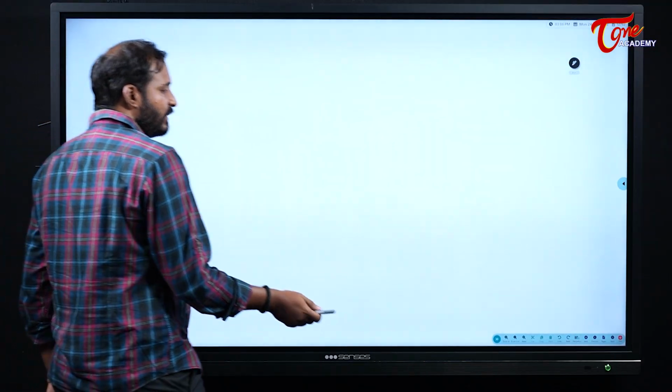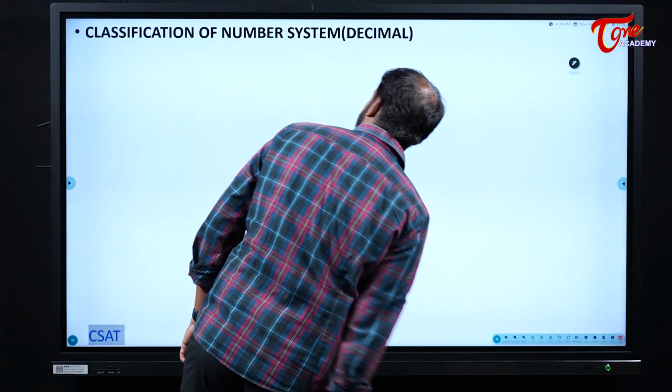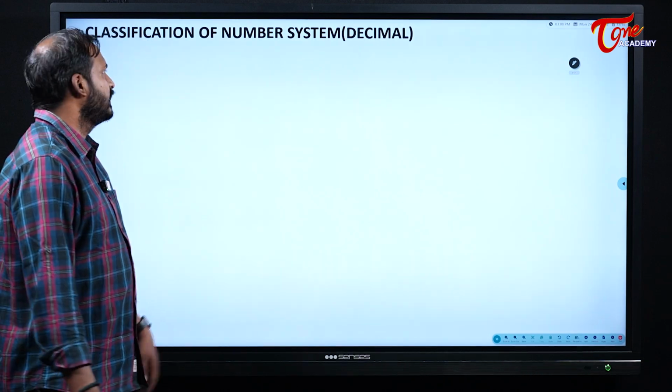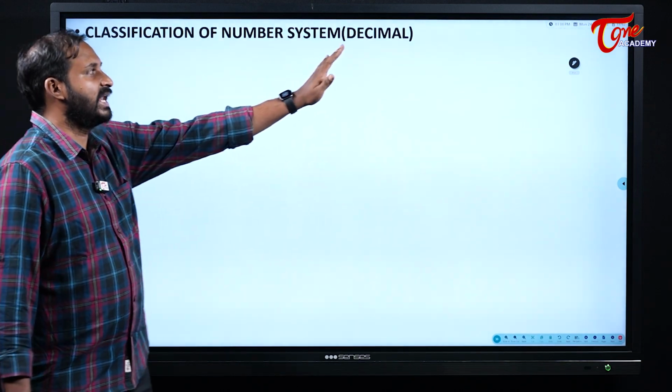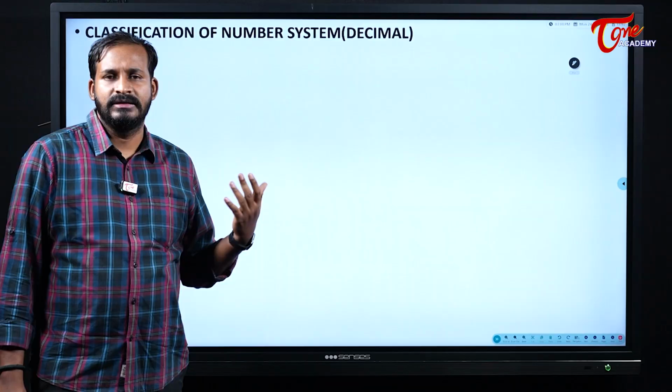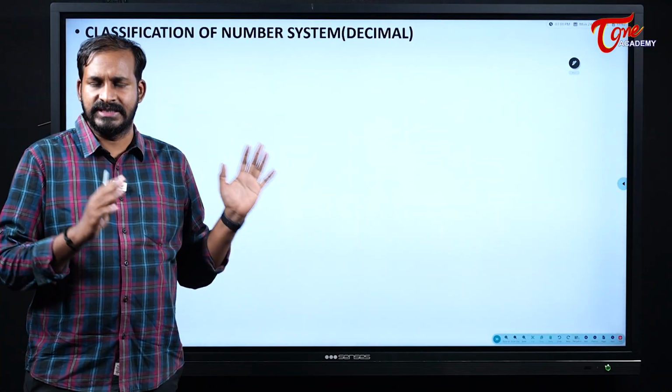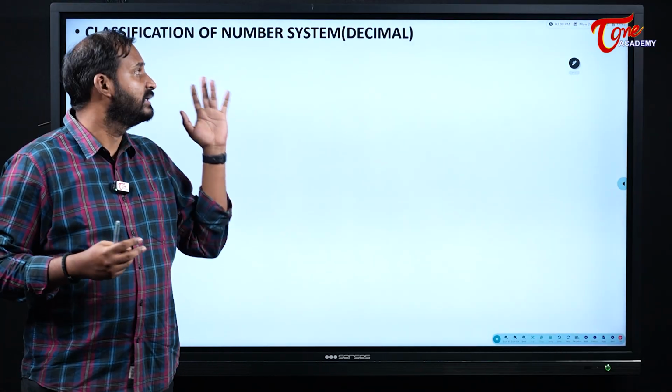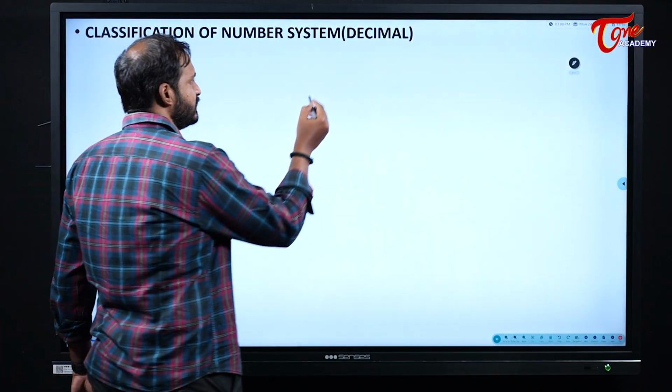This number system is further classified. Observe carefully: in this classification of number system, we are actually classifying the decimal system, but we will learn purely the decimal system under this number system. That is the reason we see it as the classification of number system.